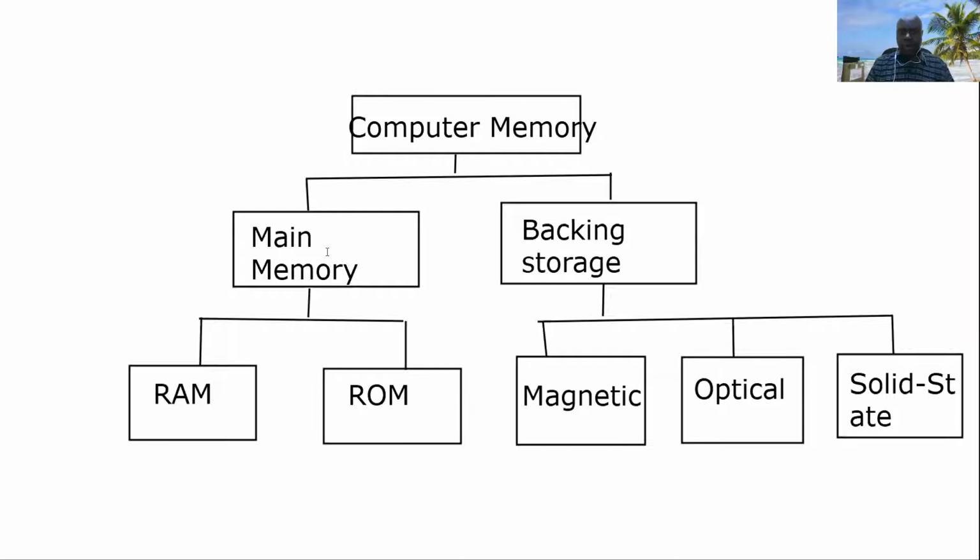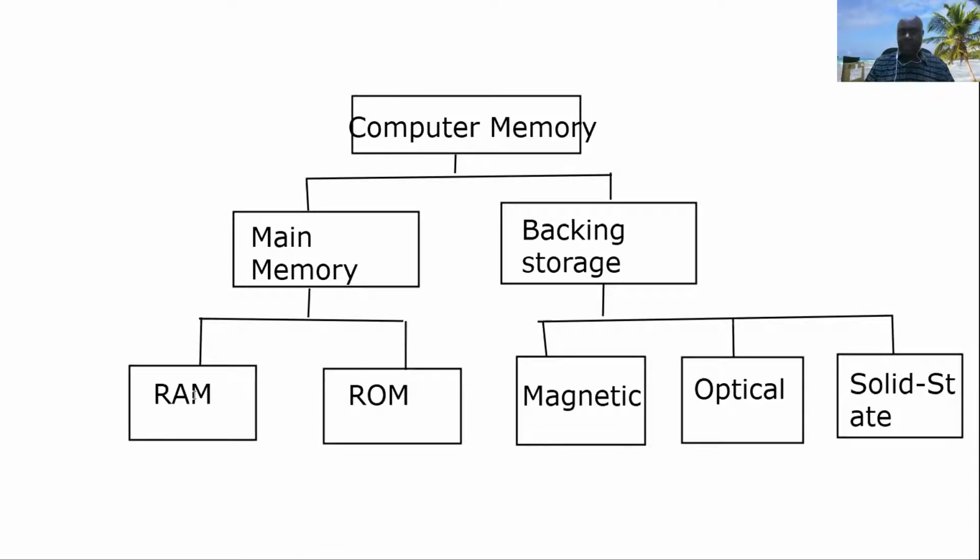So for example, you are typing a document in Microsoft Word. That software, Microsoft Word, will first be installed on a backing storage so that when you switch on your computer, you find the software. But when you need to use it, you double click on the icon to load it into the memory, which is random access memory.